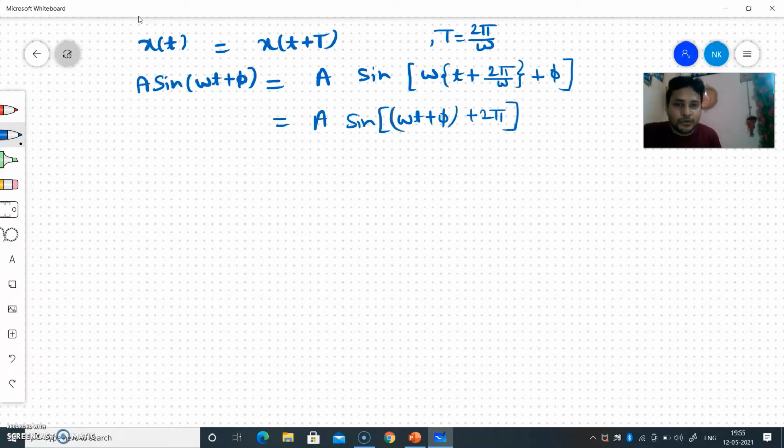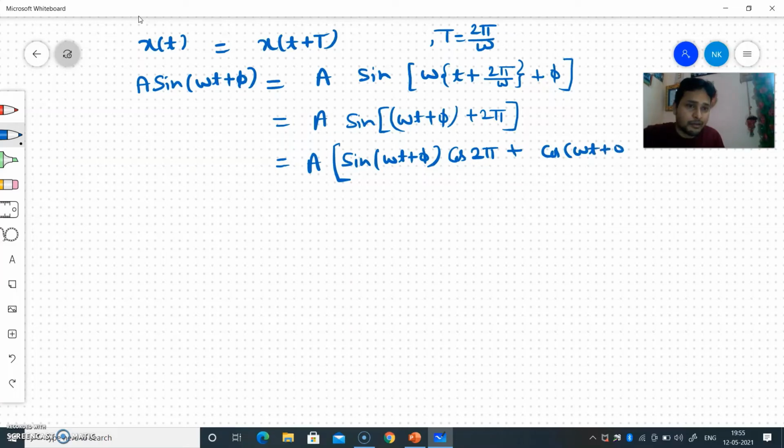Okay, so you just expand it. sin(A plus B) is sin A cos B plus cos A sin B, so sin(omega t plus phi) cos 2 pi plus cos(omega t plus phi) sin 2 pi.